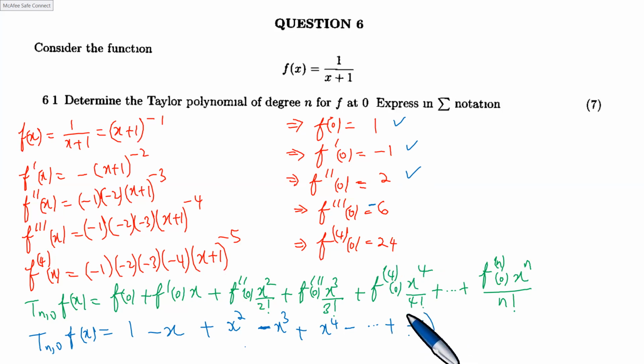So it is minus 1 to the power n, x to the power n. Okay, so this is what we get.